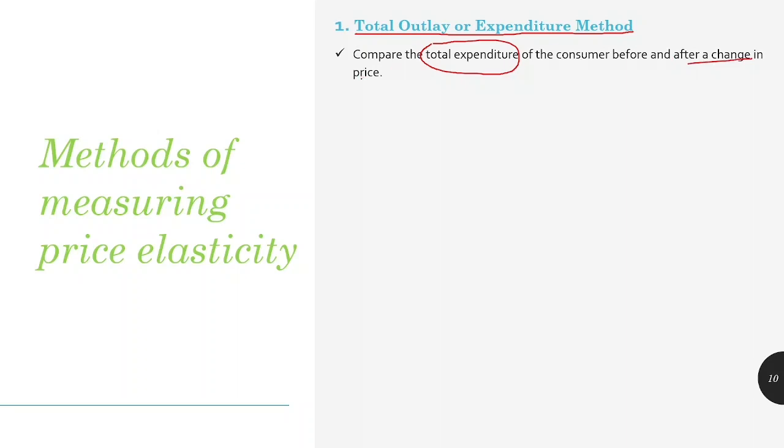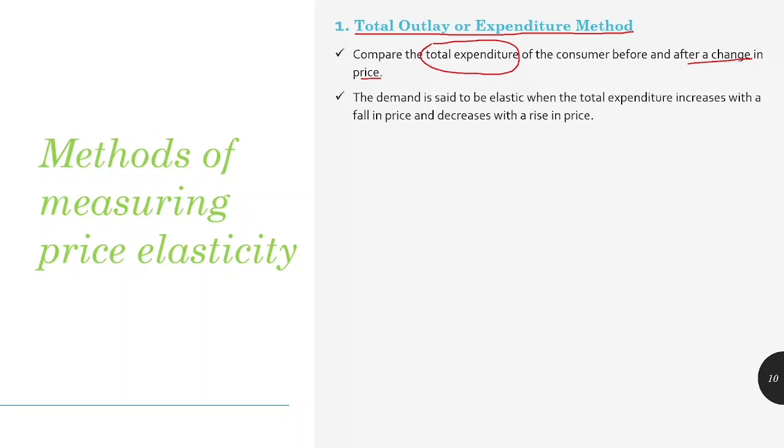As we know, elastic products are those whose demand changes with price; the quantity consumed changes with price. And inelastic are those products, for example agricultural goods, where the quantity demanded does not change with respect to price. So to find out whether the demand is elastic or not, we are taking total expenditure.